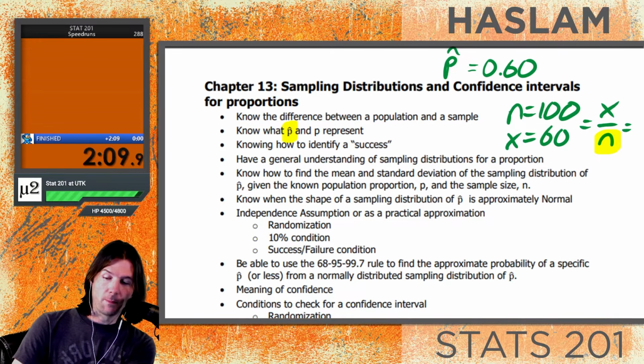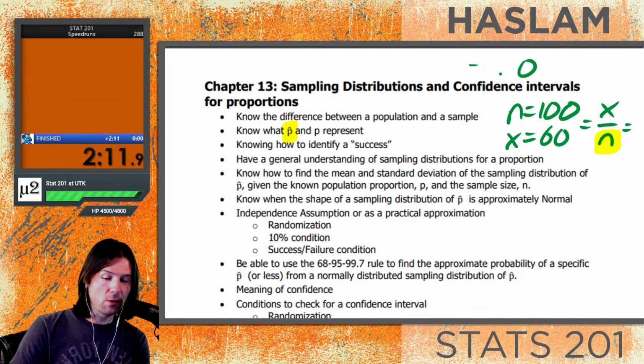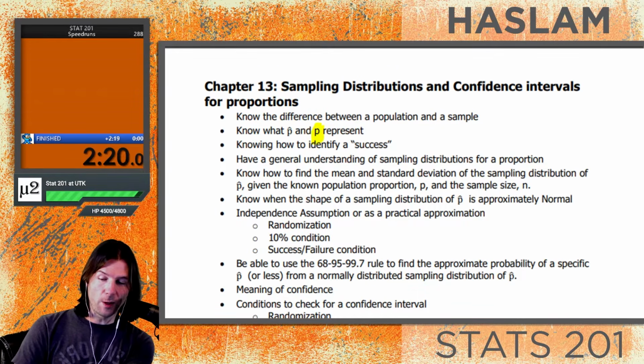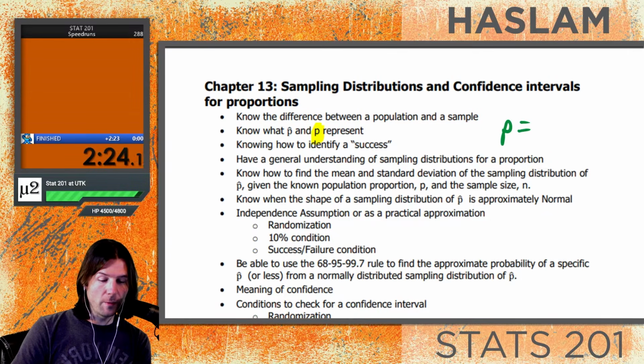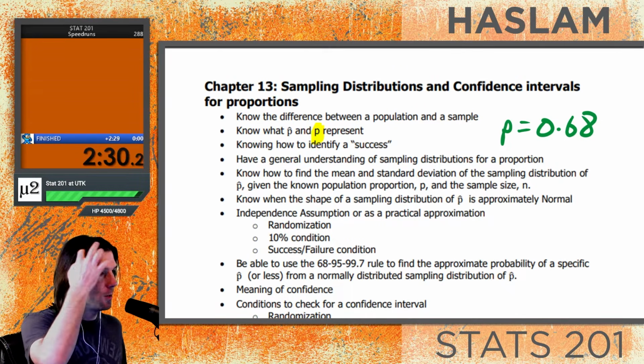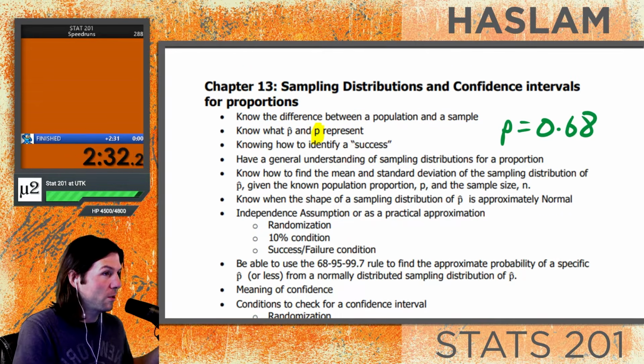Now, what is P then? P is the truth. If you were to go to the UT registrar and ask them what percent of students are in state, you would not have P hat anymore, you would have P. Because the UT registrar would know, and this isn't from a sample, they would know maybe 68% of students are in state, and that's just a guess, but we'll go with it for the moment. But they would know the truth, and this is for all students.